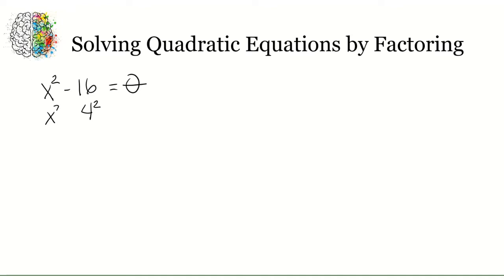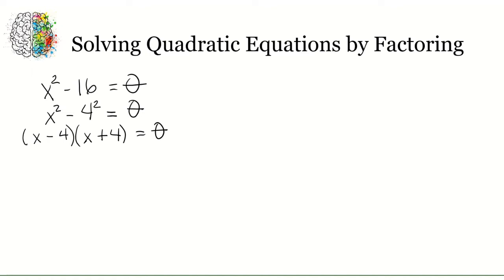So that's going to give me x squared minus 4 squared equals 0. And then I can break that down into two binomials using the difference of two squares. So that's going to be x minus 4 times x plus 4, set equal to 0.